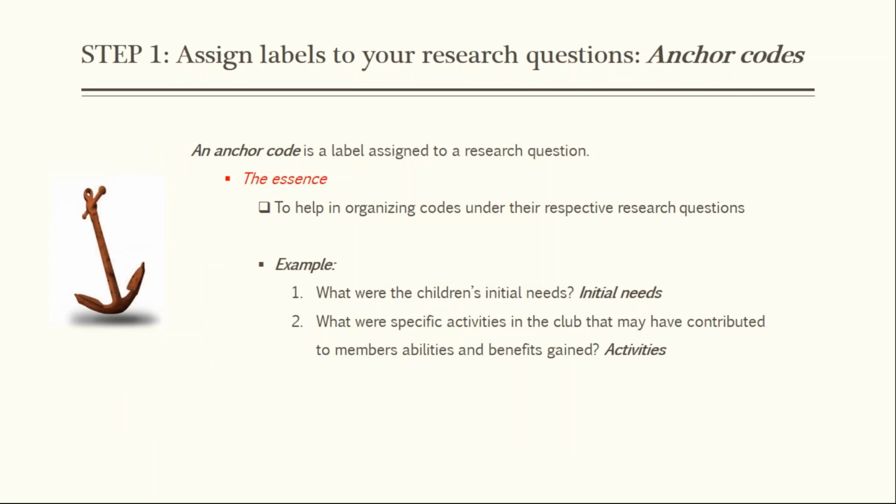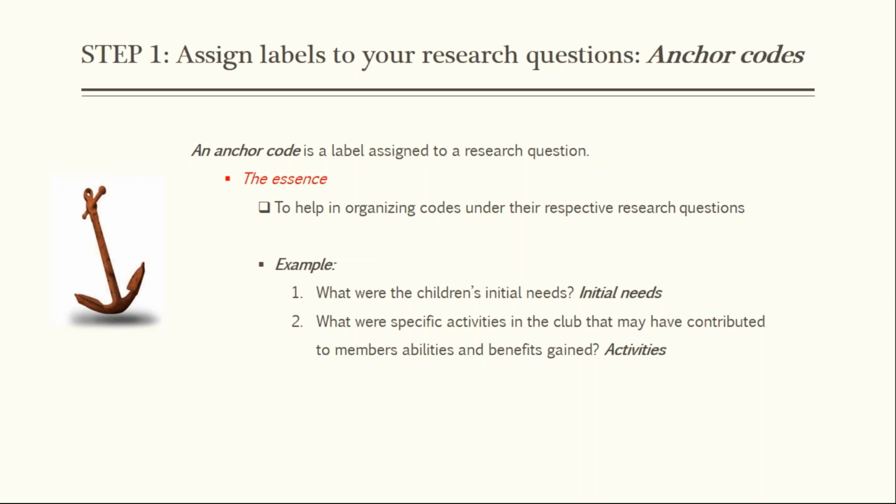So the first step is to label your research questions, right? Label your research question, and the label is called an anchor code. So an anchor code is a label assigned to a research question. The reason why you have to do that is to help you organize the initial codes that you're going to develop.